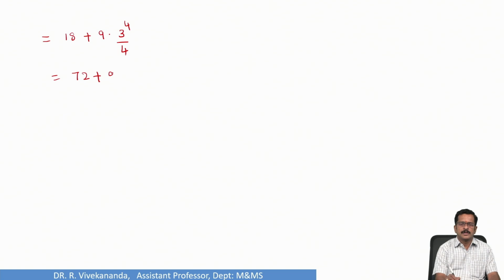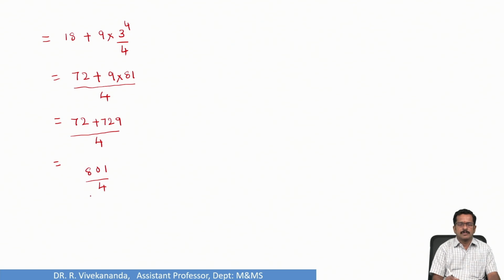plus 9 into 3 power 4 means 81 whole divided by 4, which is equal to 72 plus 729 by 4, which is equal to 1017 by 4, isn't it? 72 plus 801 by 4.